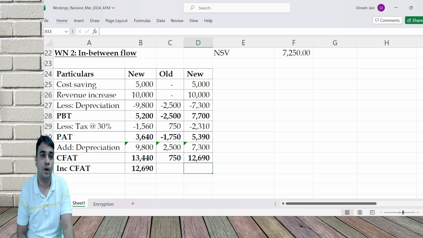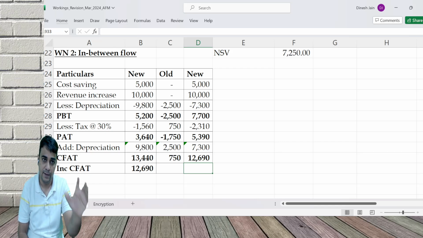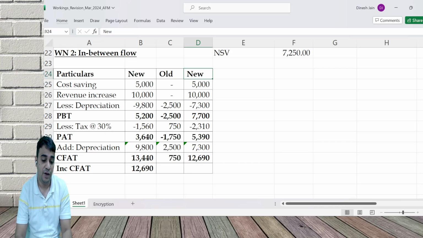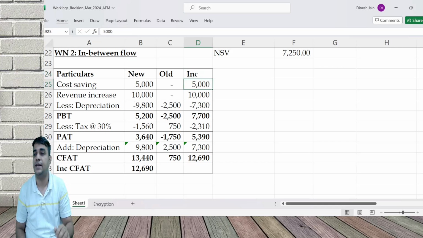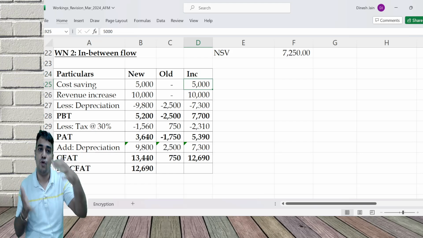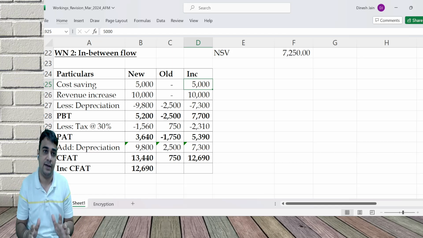For a few questions I prefer to do new separately, old separately, and then find the difference. For a few questions I prefer to do incremental directly. When to do which is your wish. For example, if they give 10 cash flows for the new machine and 10 cash flows for the old machine, separate analysis is easier than directly doing the incremental.